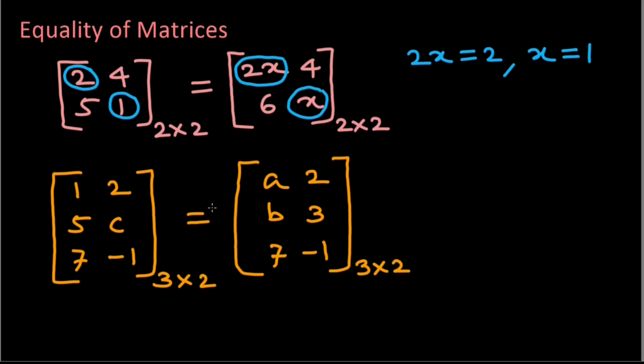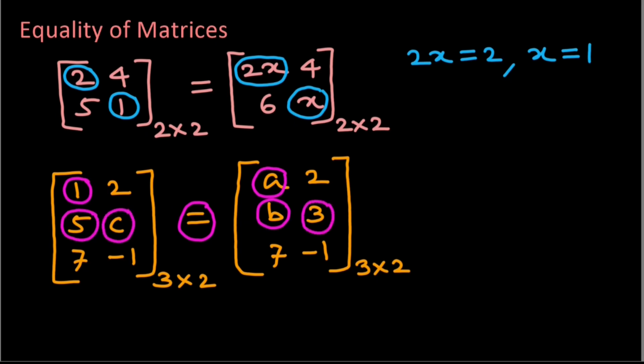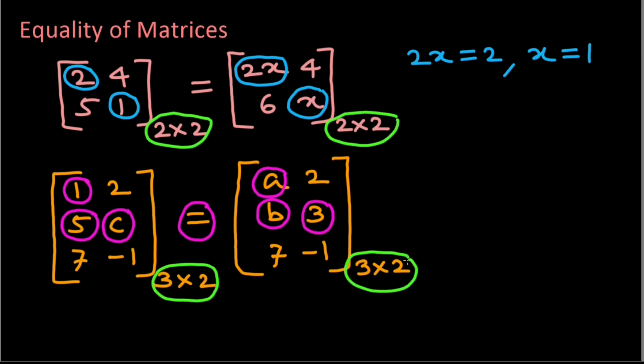Since these two matrices are equal, their corresponding elements are also equal, which means that a equals 1, b equals 5 and c equals 3. When two matrices are equal, their order also must be equal. This is important.